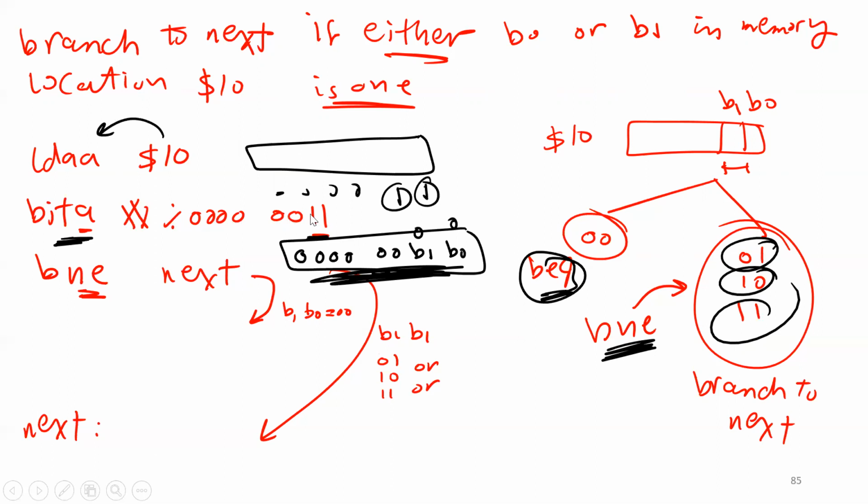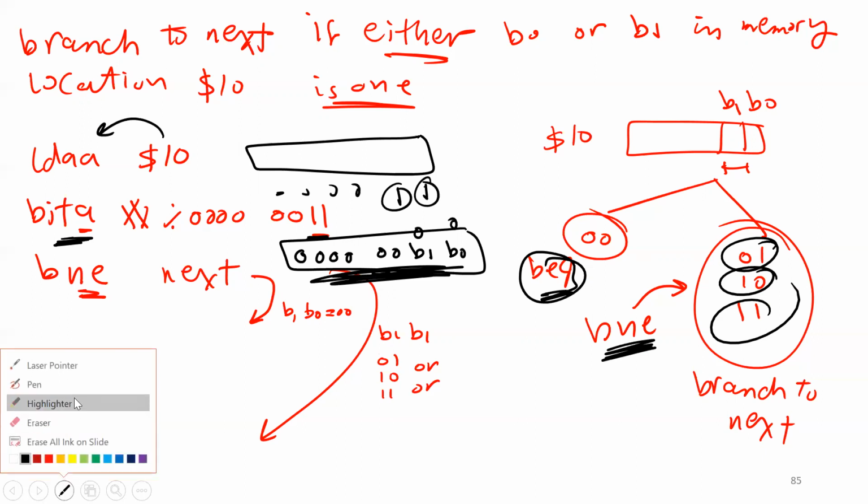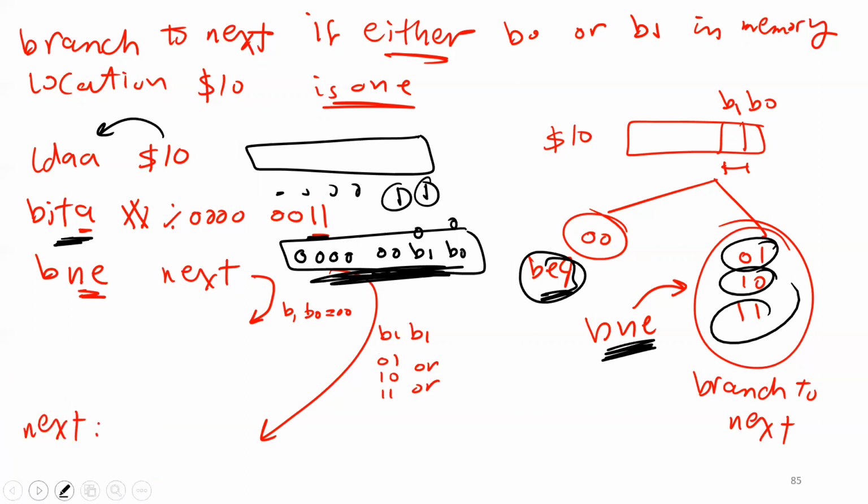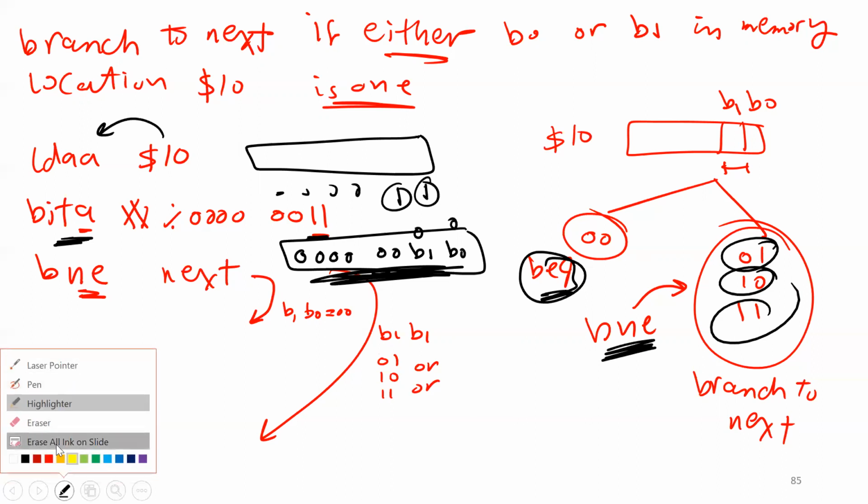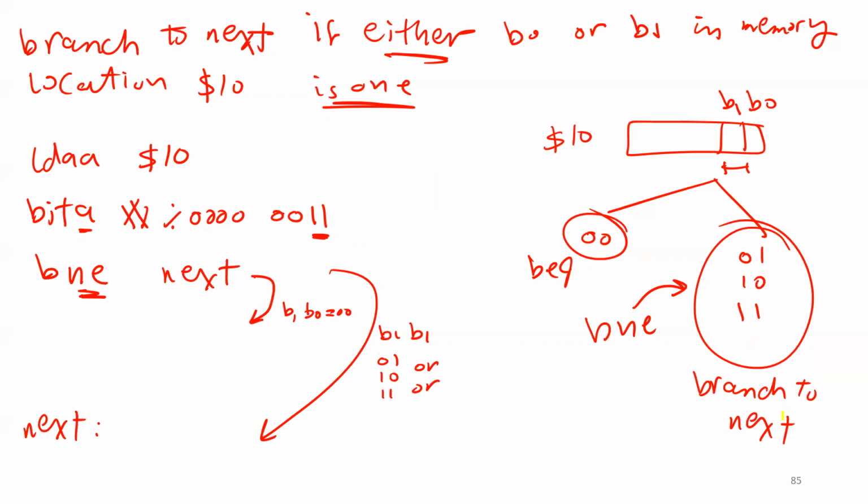I did an AND operation, and then I say if not equal, because not equal means one of these cases. Please go to next. Otherwise, just go this way. Okay, guys, again, this is one way. I think the best way to understand this part is as I made here, as you see here. Look here, guys.